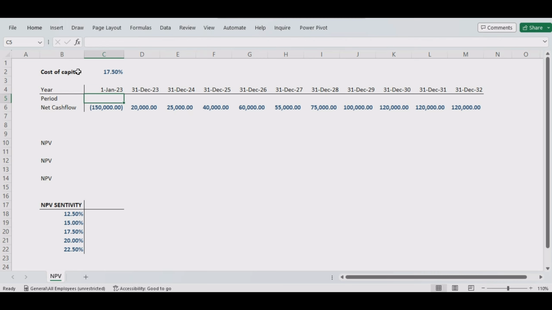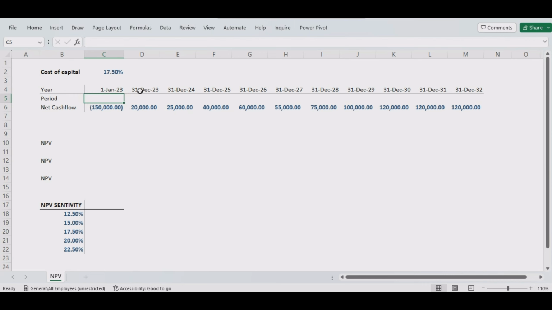The bank will lend you money, and the cost of using the bank's money is the cost of capital, which is the interest rate. You borrow from a lending institution, you borrow from an individual, that is what will be charged. So that's the first thing that we need.